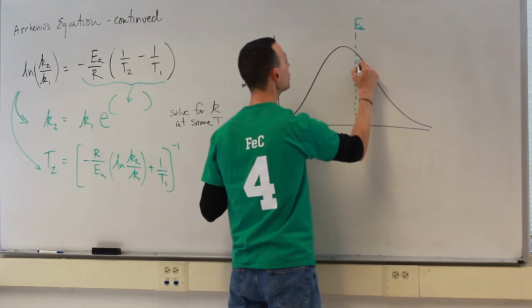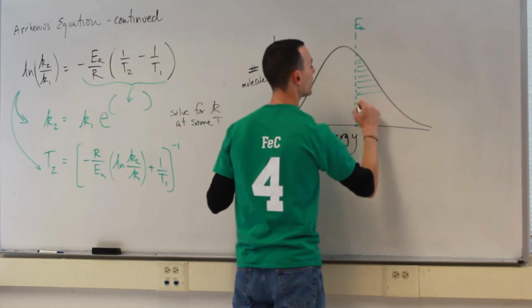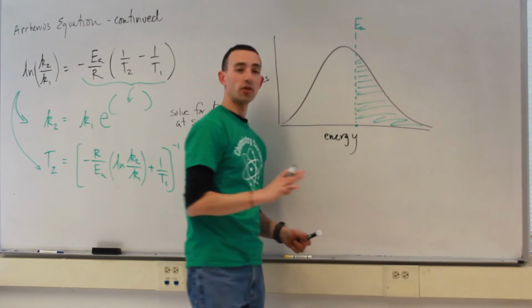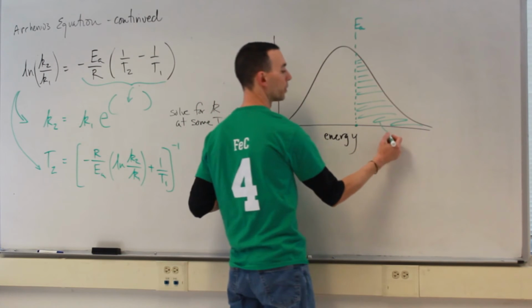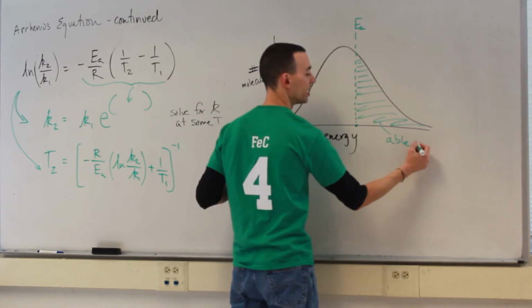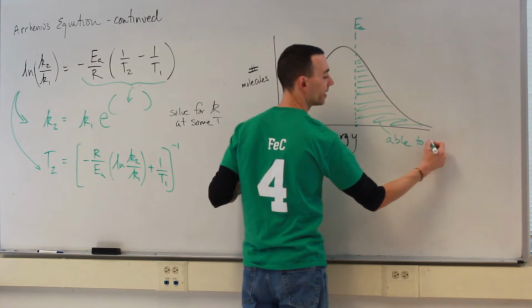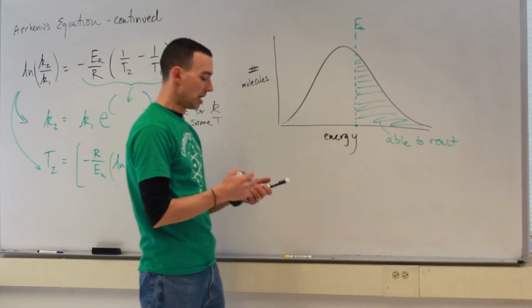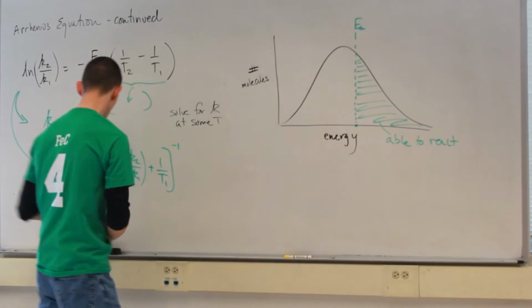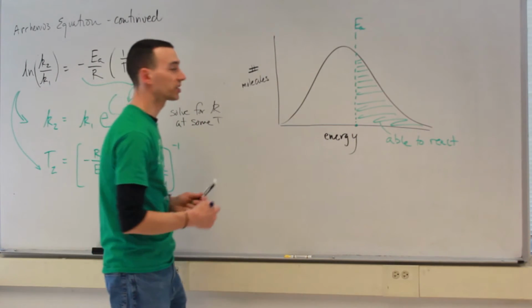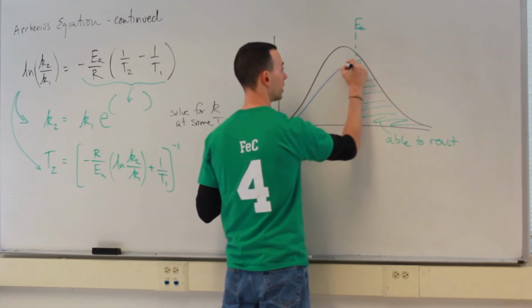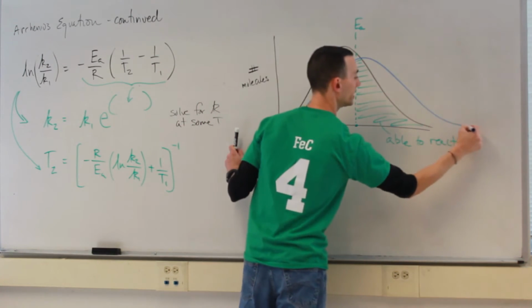Okay? Only particles that are at that energy or higher are going to be able to react. So it's this small set of particles that are capable of reacting. If we, however, change the temperature of our reaction, that redistributes our molecules like this.